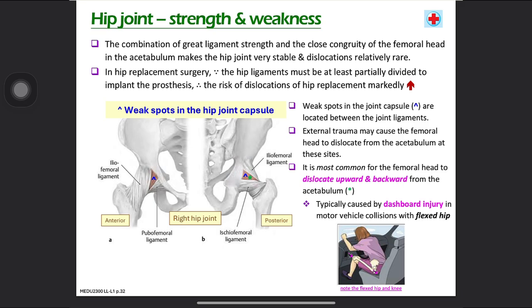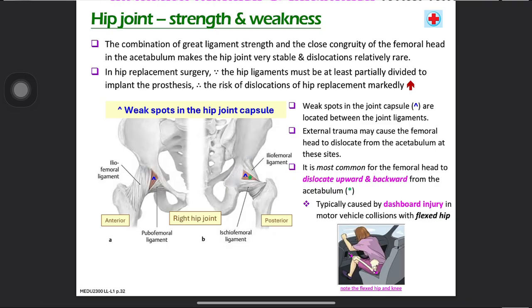So once it is separated in the surgery, it will become the weak spot. Okay, so external trauma may cause this femoral head to dislocate from the acetabulum at these sites.